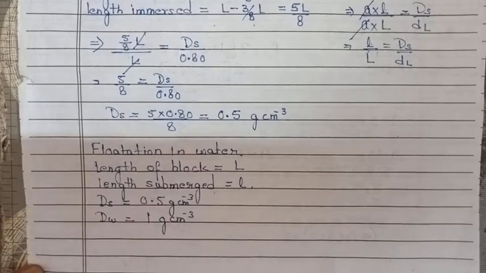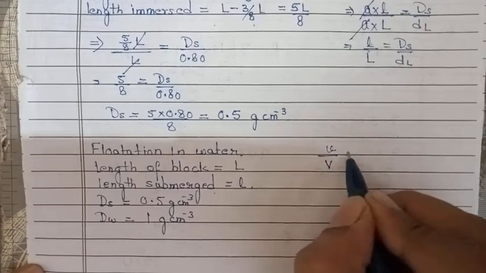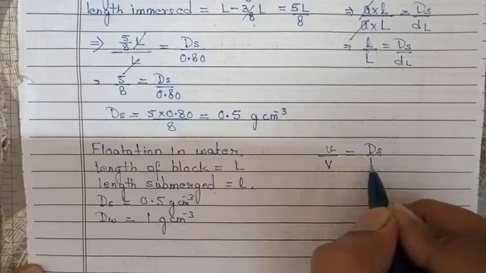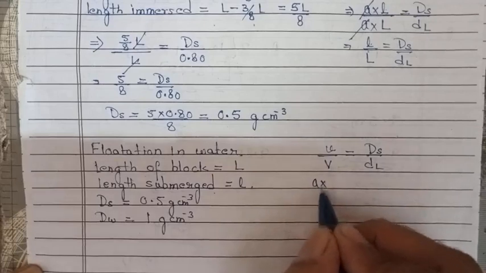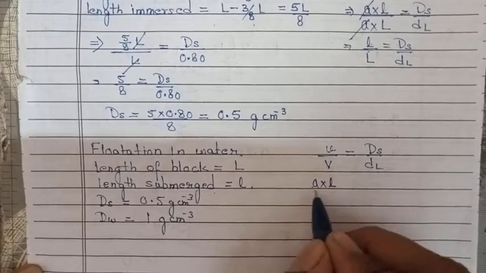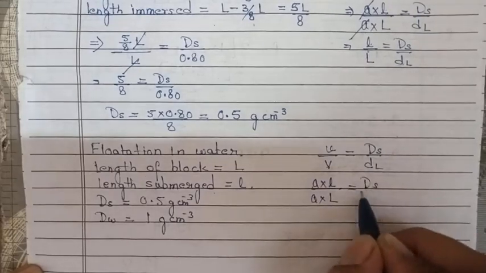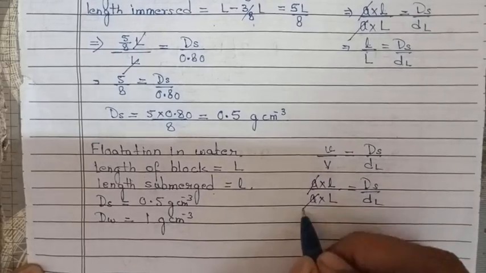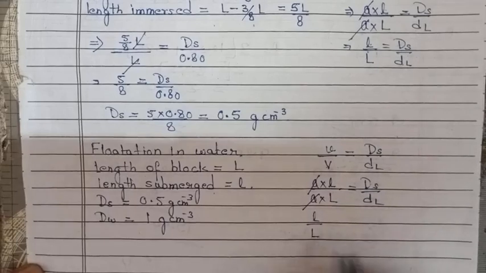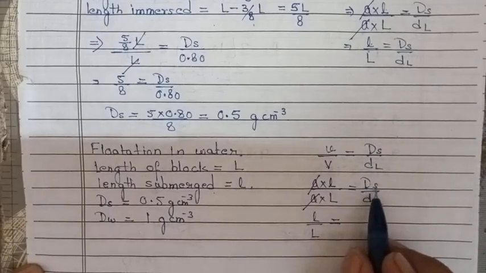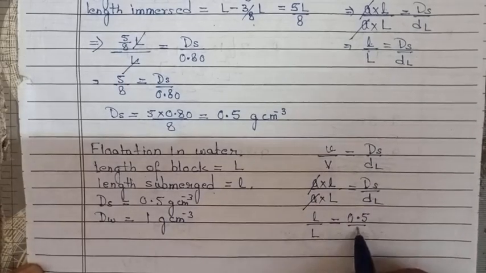Now again, as the body is floating, we know for a floating body, volume submerged upon total volume is equal to density of solid upon density of liquid. Now if the body is of uniform cross section, we can replace small v by A into length submerged, and capital V by A into total length. A will cancel out, and we are left with small l, the length submerged, upon capital L. On this side, density of solid is 0.5 upon density of liquid, which is 1.